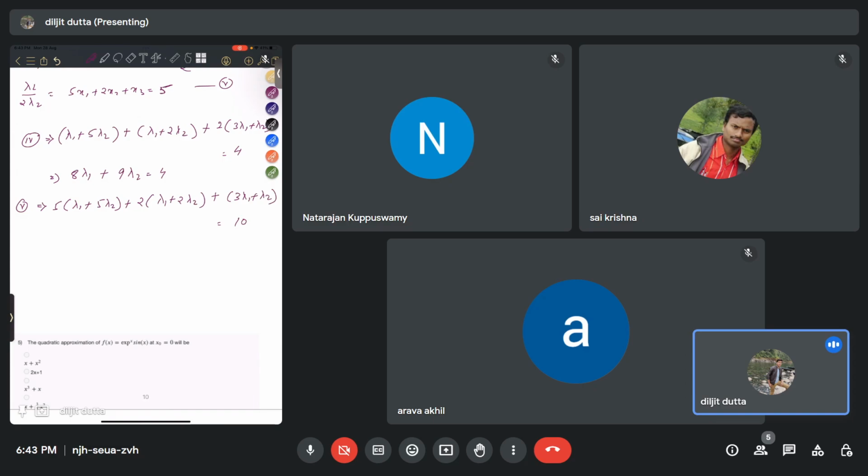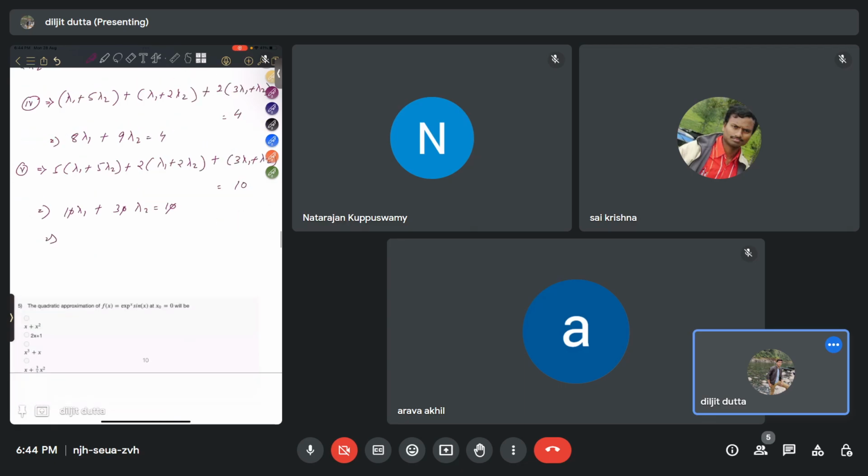I'm taking the denominator to the right hand side, so 5 plus 2 is 7, 7 plus 3 is 10, so 10 lambda 1 plus 25 plus 4 is 29, plus 1 is 30 lambda 2. So lambda 1 is equal to 1 minus 3 lambda 2.